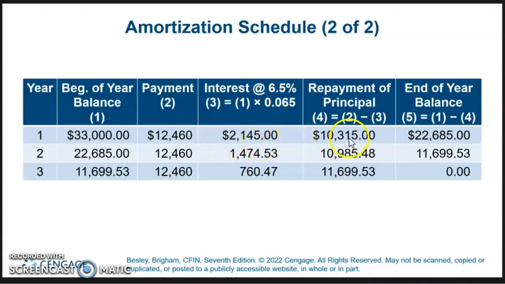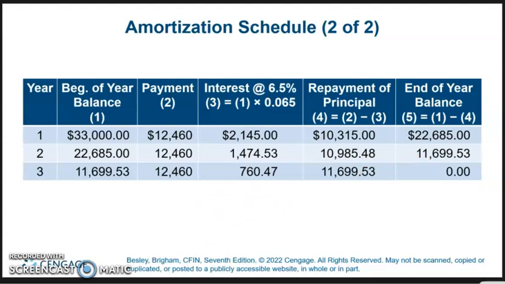Your principal portion is the $12,460 payment minus the $2,145. So we reduce the balance at the end of the year by the $10,315. We end up with a balance at the end of year 1 of $22,685, and we go on throughout the life of the loan until the loan is repaid.